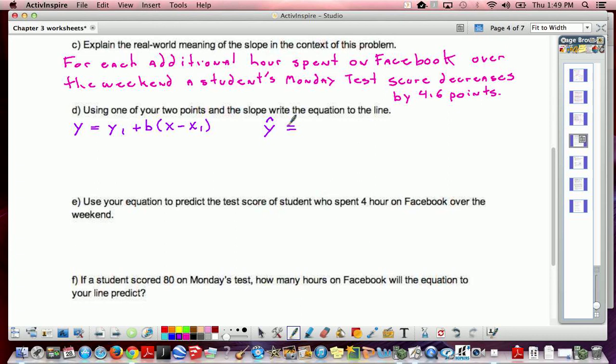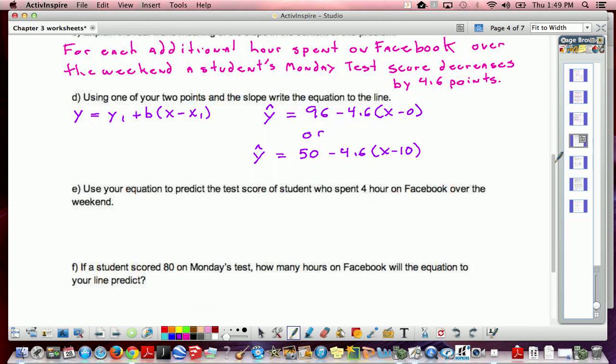So we're using the predicted y, so that's why the hat is there. So we have y hat equals 96 minus 4.6 times x minus 0. Or if you use the other point, you'd have y hat equals 50 minus 4.6 times x minus 10. Now I'm going to leave them in point slope form. If you distributed and simplified them, I would accept those also as an answer.